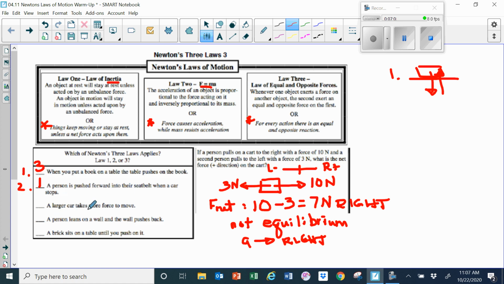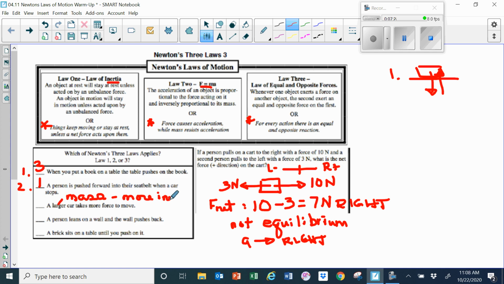Okay, the larger car takes more force to move. So this is kind of a vague one that I'm not knocked out about, but I'm going to assume the larger car has more mass. And more massive things have more inertia.